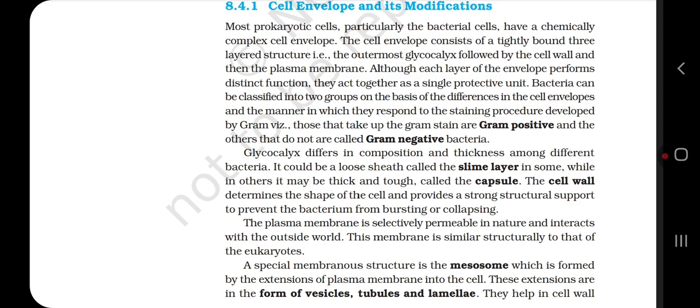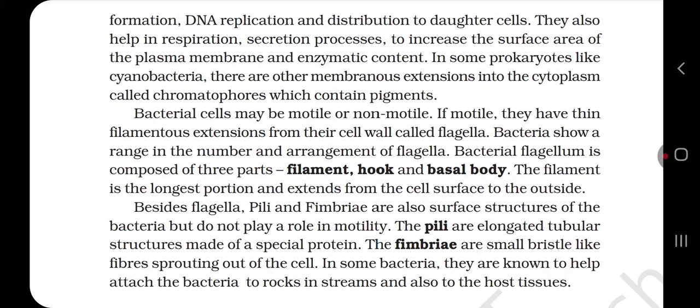They help in cell wall formation, DNA replication and distribution to daughter cells. They also help in respiration and secretion processes, to increase the surface area of the plasma membrane and enzymatic content. In some prokaryotes like cyanobacteria, there are other membranous extensions into the cytoplasm called chromatophores, which contain pigments.